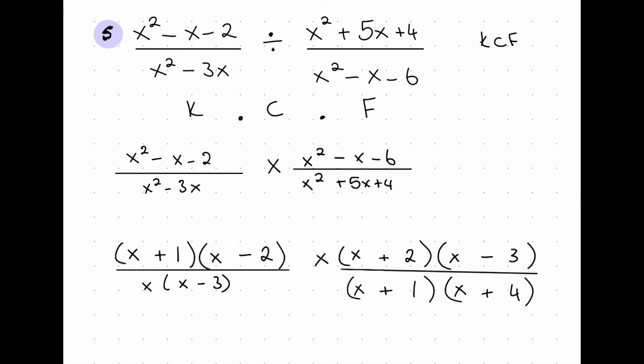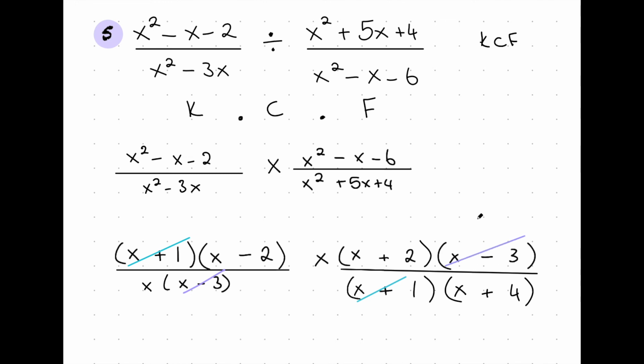At this point then I'm going to look for, are there any scenarios where I have a doing, so a multiplication, and then a division. So I have x plus 1 being multiplied into the top and x plus 1 being divided in on the bottom. I also have x minus 3 being divided in and x minus 3 being multiplied in. So those are going to undo each other.